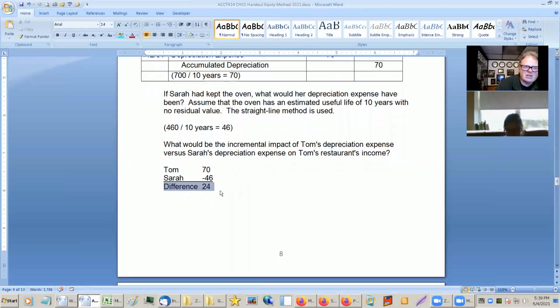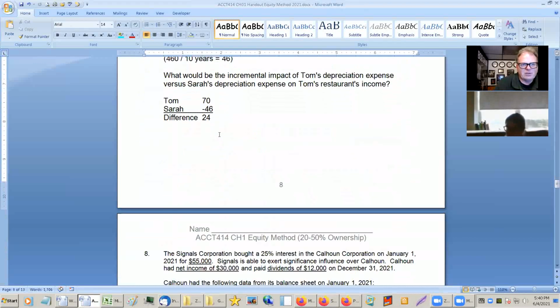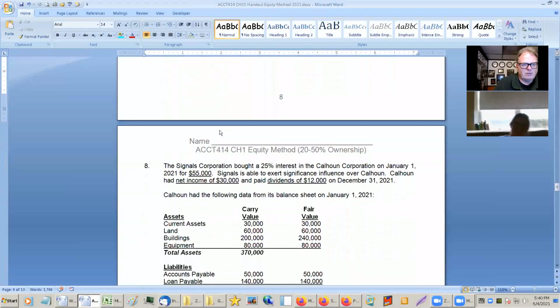It's how much more depreciation there would be when you make the investment based on the assets and liabilities at fair value at that time. In this case, it would be $24. So that's what we're going to do now, going into the future.